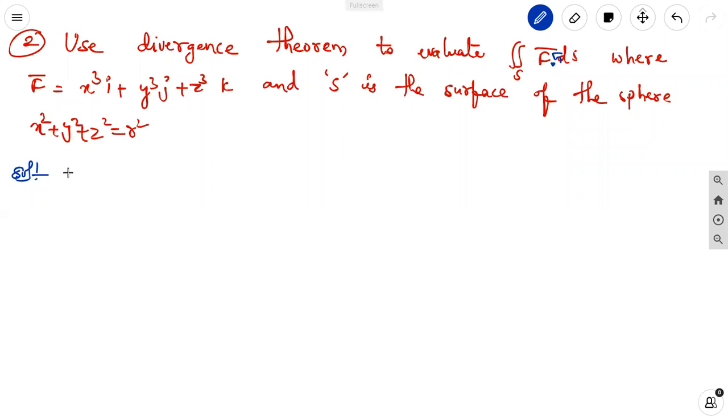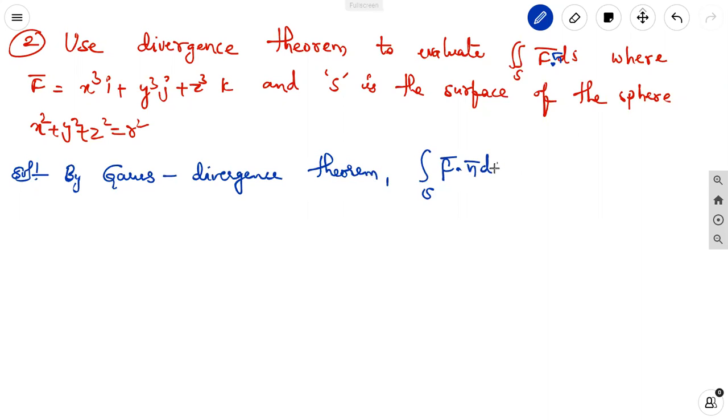Okay, first using the divergence theorem, means by Gauss divergence theorem, surface integral f vector dot n vector ds is equal to volume integral div f vector dv.